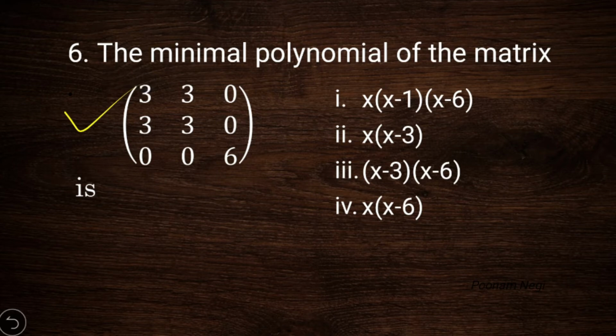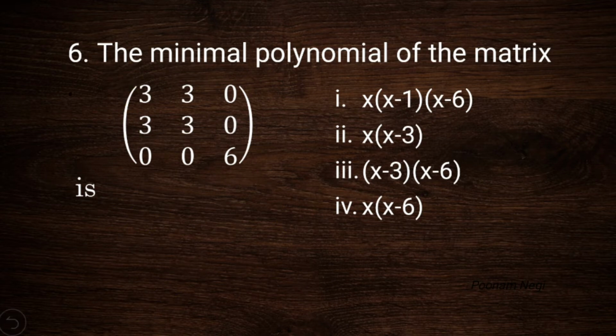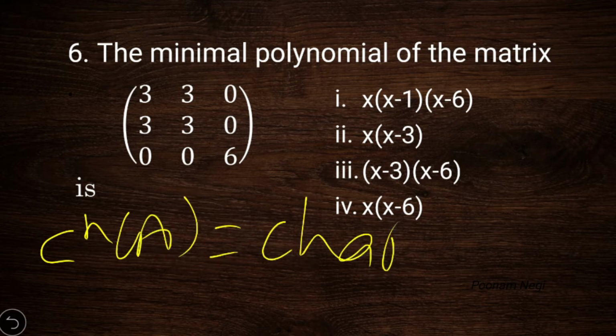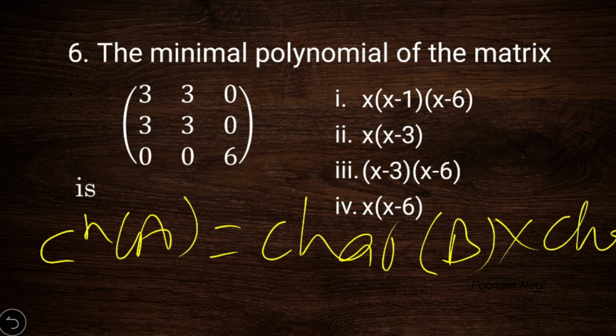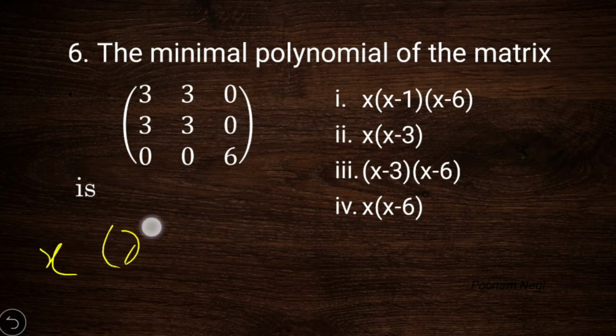As we can see, the given matrix is a block diagonal matrix, in the form of B 0 0 C. For choosing the minimal polynomial, if this is A, then the characteristic equation for A will be the characteristic equation for B times the characteristic equation for C. For this B, the choice of the minimal polynomial will be lambda into (lambda minus 6), or you can say x into (x minus 6).